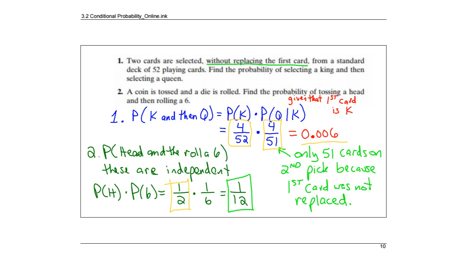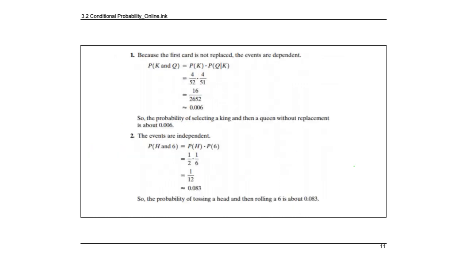And then the probability of rolling a 6, there's only 1 six on a 6-sided die. So there's one side out of 6 sides. And so that would be 1 over 6. We're going to multiply those together. If they ask for a decimal, pop that in your calculator. Okay, again, this is just all of that worked out without any writing on it. That comes right from the book if you want to take a look at it that way.